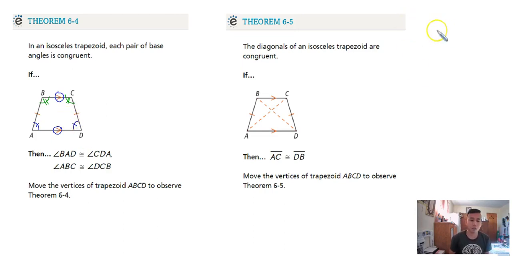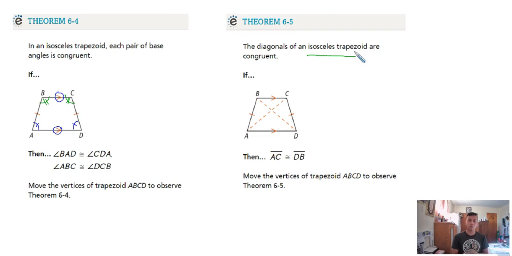Next, theorem 6-5: the diagonals of an isosceles trapezoid. Take note. You have to consider that an isosceles trapezoid has, of course, a pair of parallel bases and a pair of congruent legs.